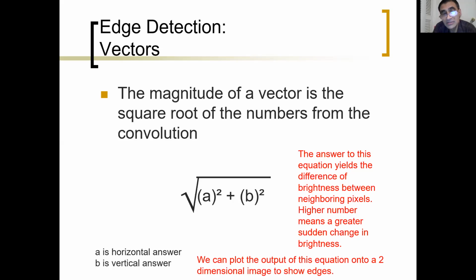So this is like the distance formula that you did in middle school. It's the same as the magnitude of a vector. Sometimes this is called the Euclidean distance or the Euclidean magnitude of a vector. Sometimes it's called the L2 norm. These are all the same words.